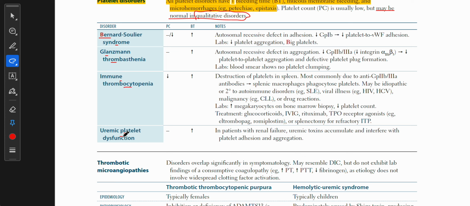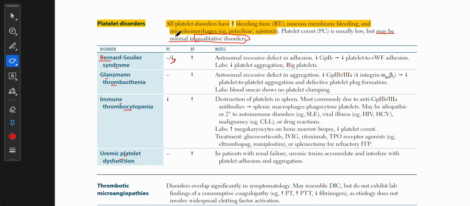So let's go. In Bernard-Soulier syndrome, PC is either normal or decreased, and PC is platelet count obviously, and then BT, which is bleeding time, is increased. Bleeding time is increased in all these four diseases. Bernard-Soulier syndrome is actually an autosomal recessive defect in adhesion, where GPIb is decreased.